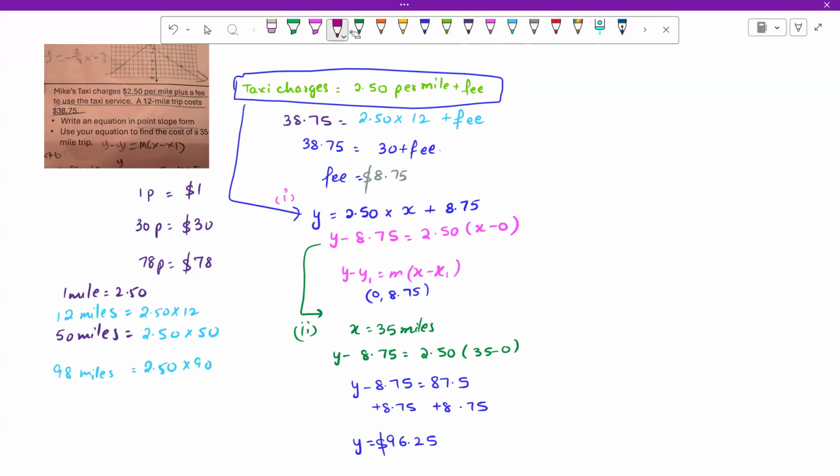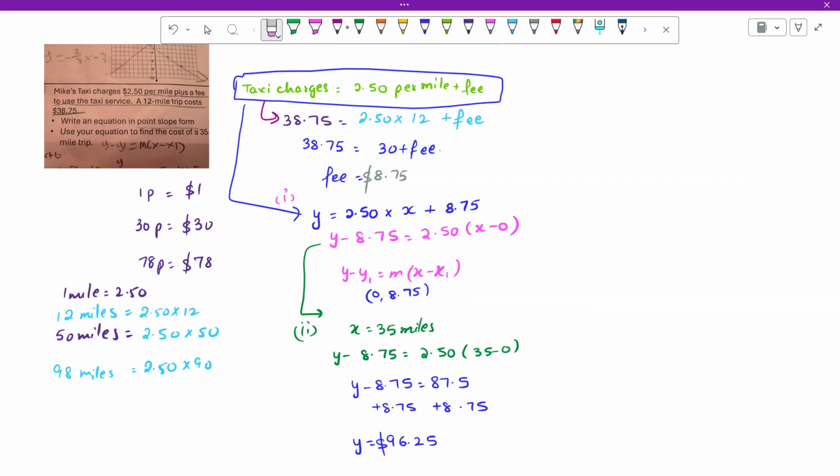So writing every sentence down, and then a 12-mile trip costs 38.75. So taxi charges are this when the trip is 12 miles. So we just plugged in the values. After solving, we got the fee. So this is a fixed fee for the taxi service.